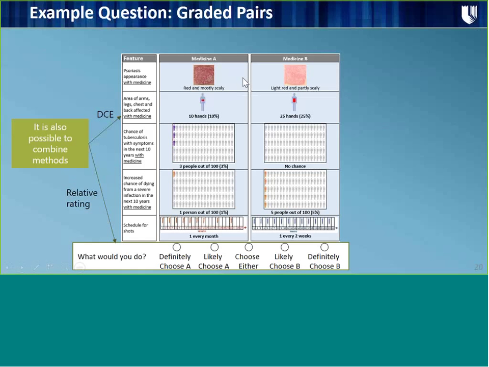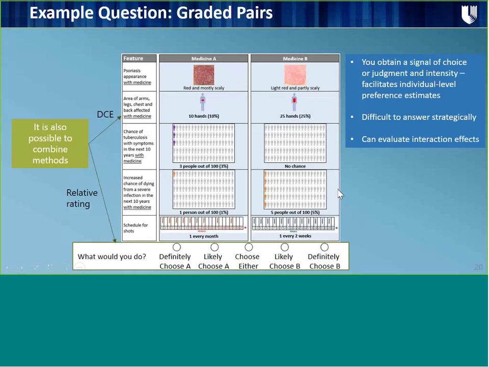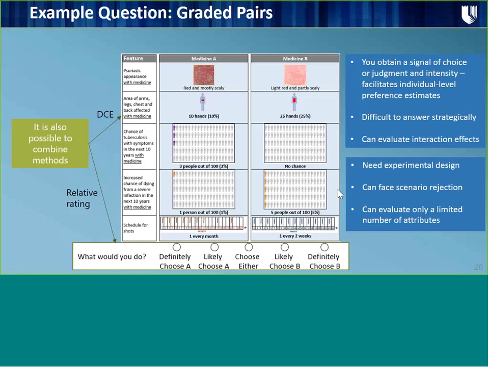But instead of asking people to choose, you ask them to give you some sort of relative rating of how likely they would be to select one over the other, or prefer one over the other, right? And so some of this is trying to create questions that take the best of certain methods and minimize the downsides of other methods.